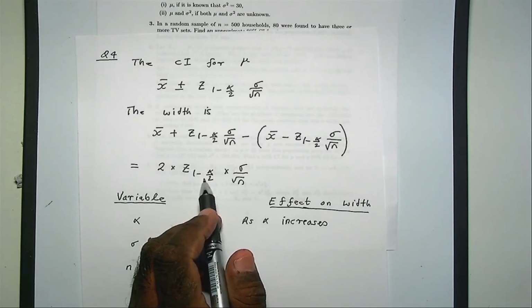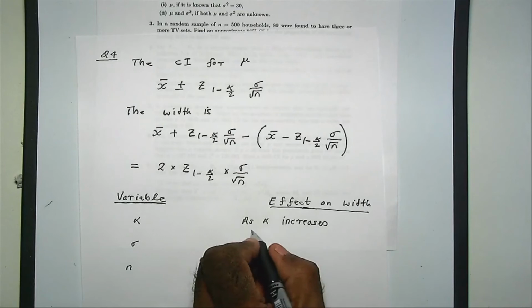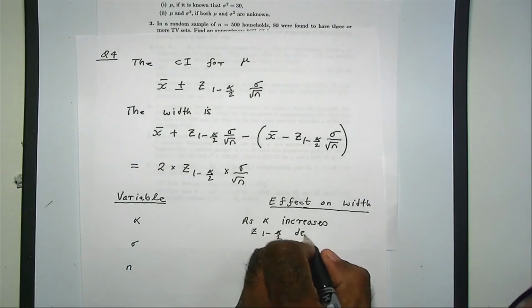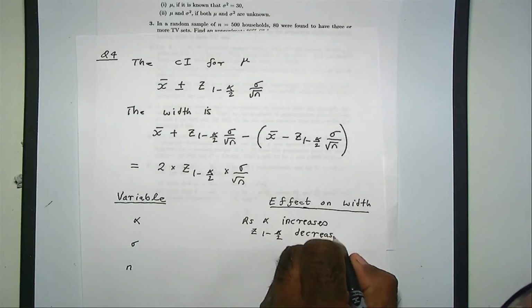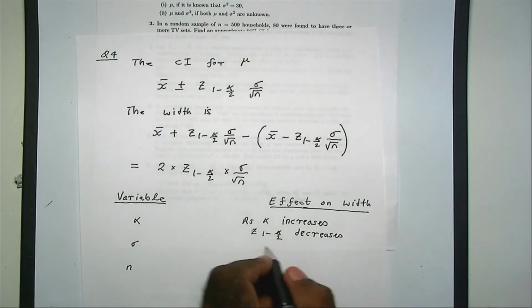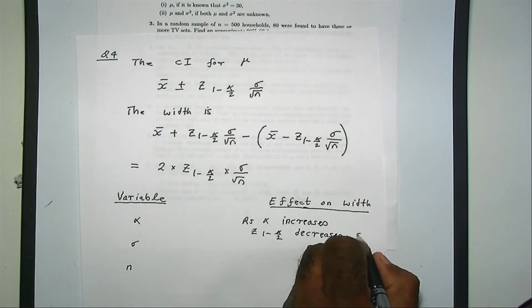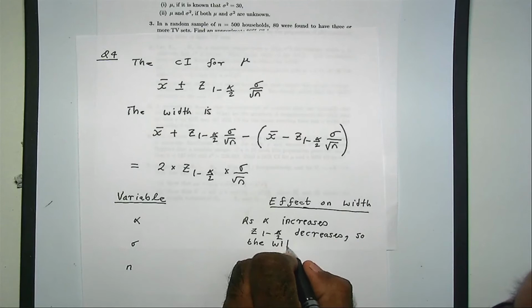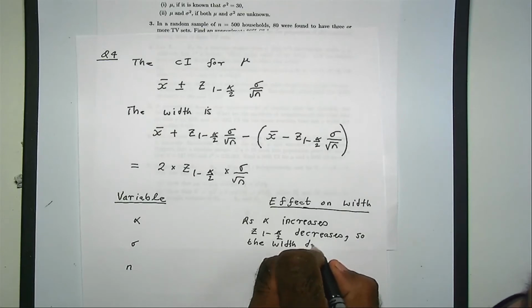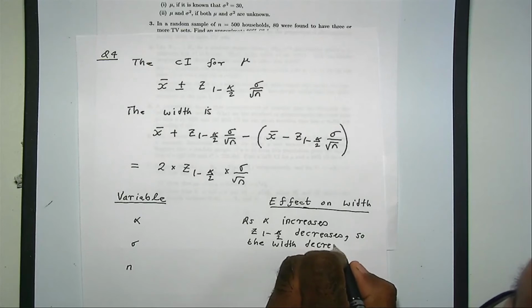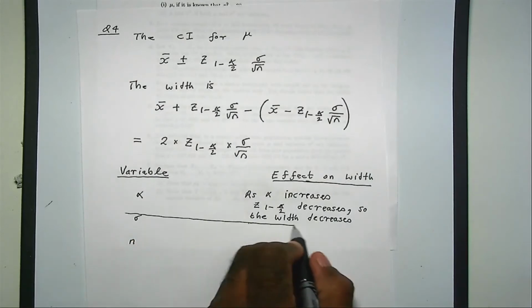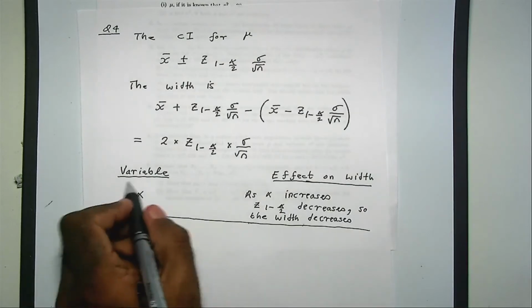So this decreases, so the width decreases too. So that's for alpha. Let me put a line here just to make a distinction so that you don't get confused.